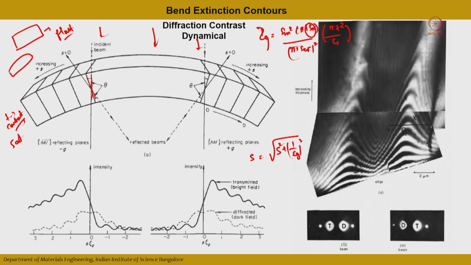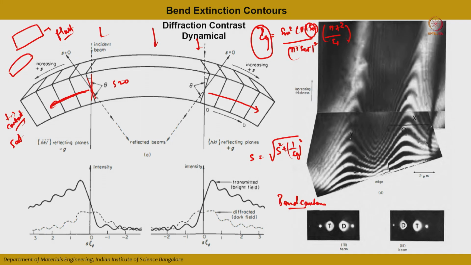It is possible that S will vary as your bending angle increases, correct. If a plane is Bragg diffracted at S equal to 0, at a certain other location the same planes will have a different S. As S changes, it has a direct effect on the intensity Ig. So you will see bend contours in your samples.